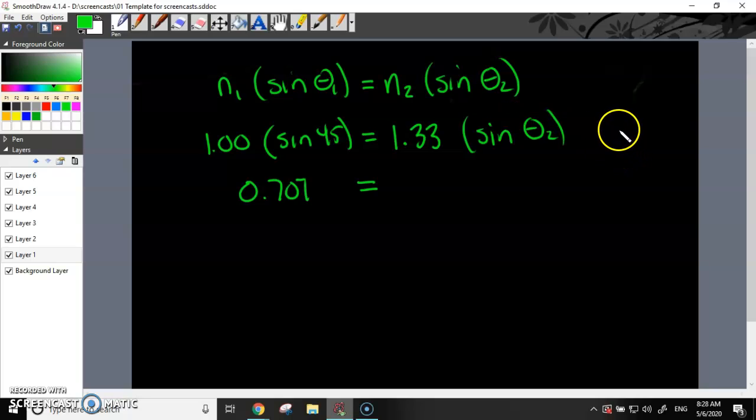Now, if I just rounded it and said, oh, I'm going to call theta 30, it's close enough, right? Well, if I do 1.33 times the sine of 30 degrees, I get 0.665. Those are not equal.